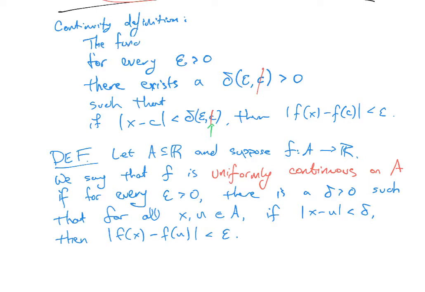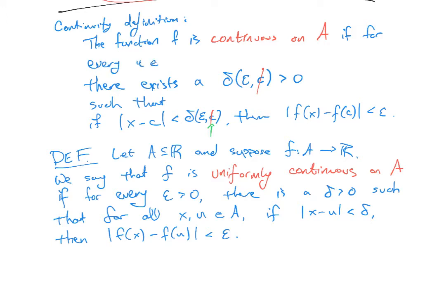The function f is continuous on A if for every point in there, for every u in A, and every epsilon greater than 0, there exists a delta which depends on epsilon and c, except now I've changed c into u.